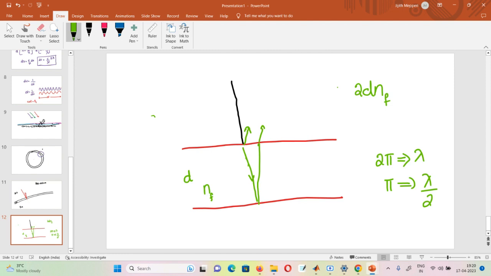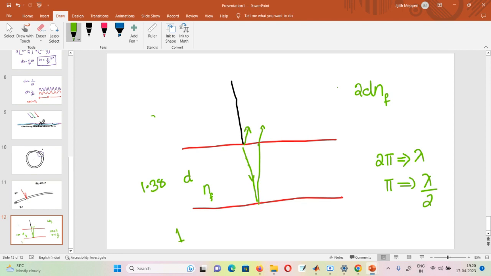So your initial beam will have an extra phase difference of pi. Plus this transmitted beam will go here and reflect from here, but whether the reflection is from rarer to denser or denser to rarer: it is 1.38 refractive index here, and this will have a refractive index of 1.